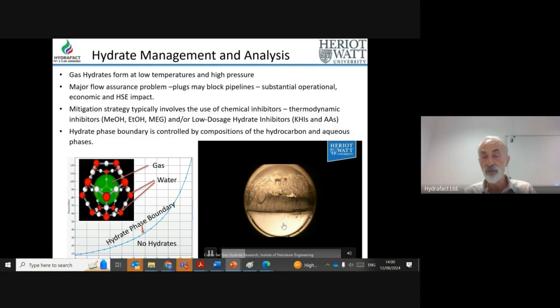This is aqueous phase, and hydrates form at the interface between gas molecule and aqueous phase. And you see that a lot of gas is trapped in the hydrate, and that prevents further water being converted to hydrate.